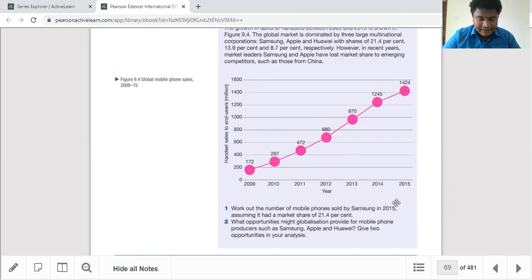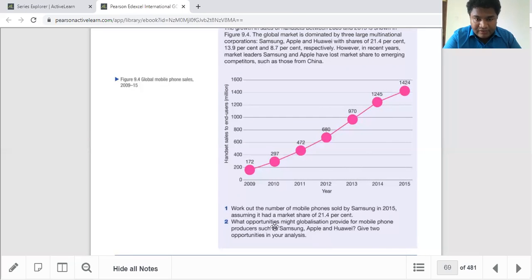The total handset sales were 1,424 million in 2015, and Samsung's market share was 21.4%.